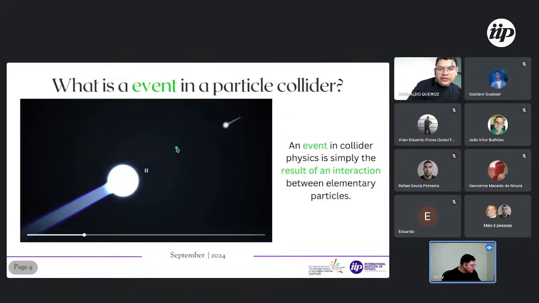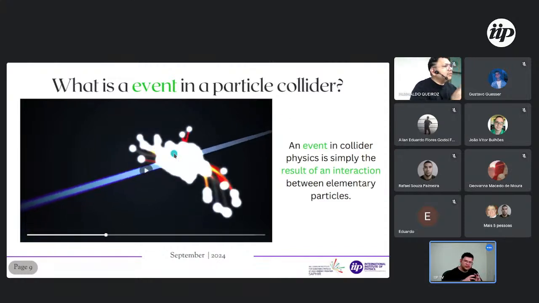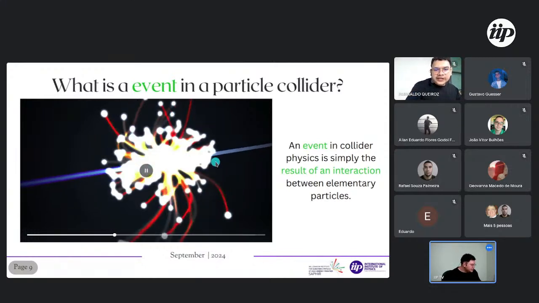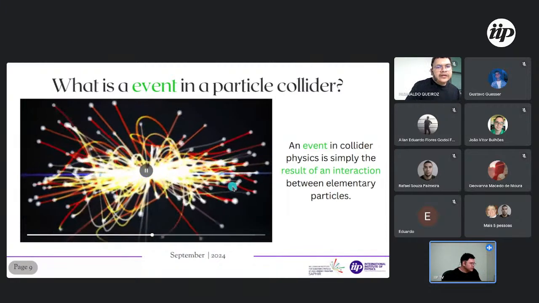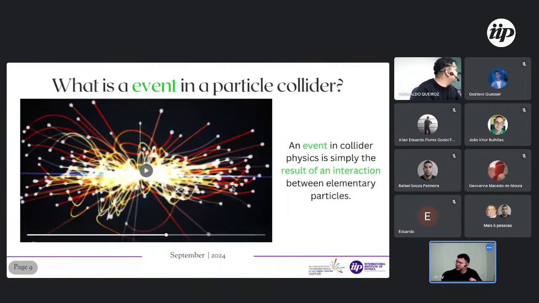During the collisions, the effects of quantum field theory and quantum mechanics occur, and other particles different from the initial particles appear from the vacuum. So we have a large set of new particles appearing after the collision.